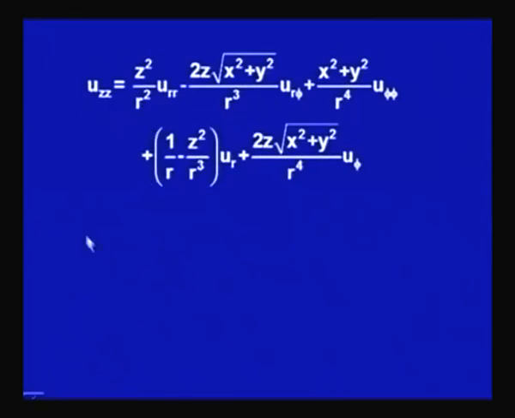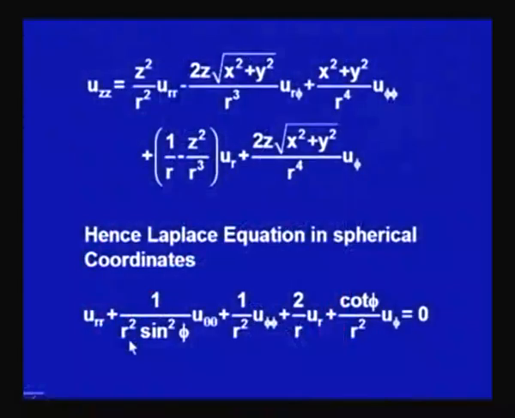Similarly, you can spread all those terms on one sheet and see that some of them cancel out, some of them get simplified, and finally we would get the Laplace equation in spherical coordinates as u_rr plus 1 upon r squared sin squared phi u_theta theta plus 1 upon r squared u_phi phi plus 2 upon r u_r plus cot phi upon r squared u_phi.